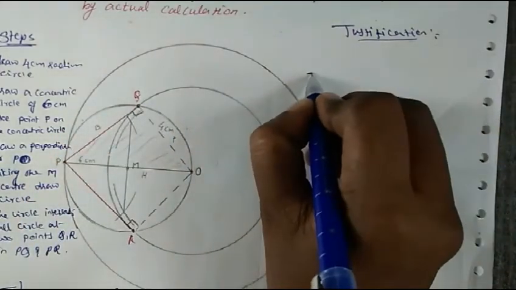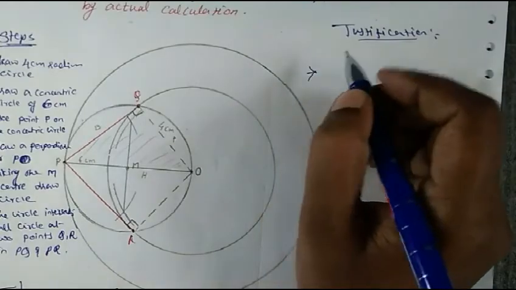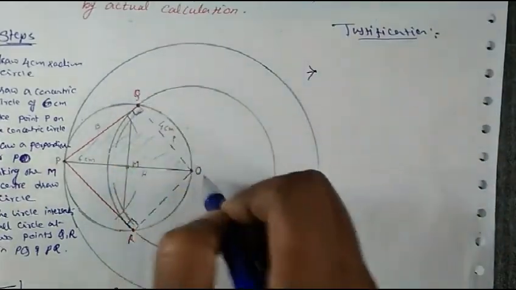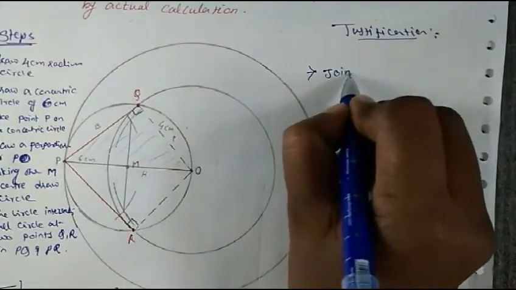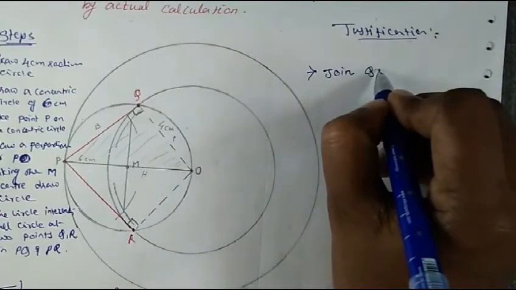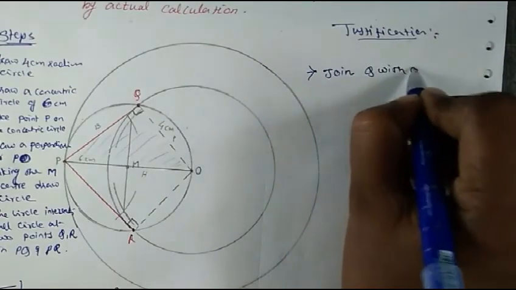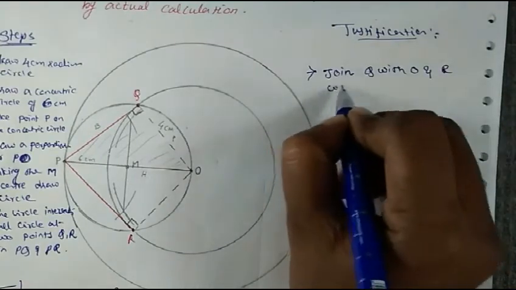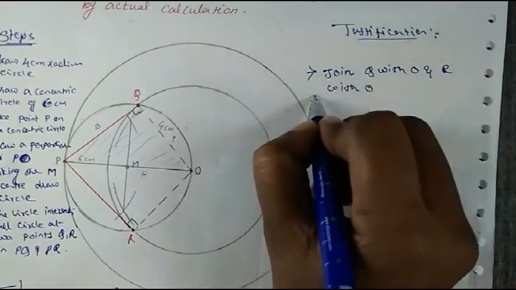So that point we will write. First what we did, we joined, right? Join Q with O and R with O.